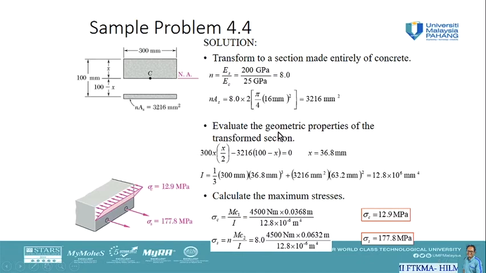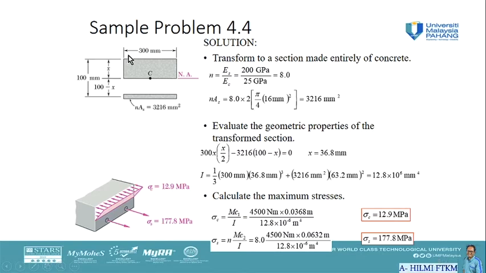Next, we want to evaluate the geometric properties of the transformed section. We want to find the neutral axis. Where is the neutral axis located in the transformed cross section? So we can use the equation that we have in the previous slide.